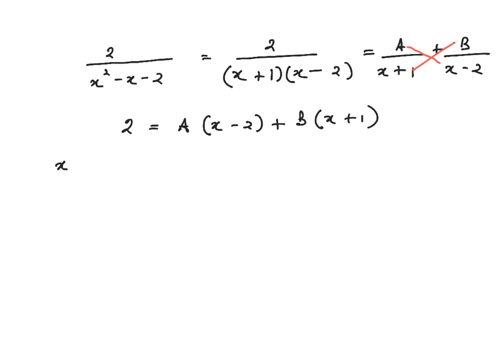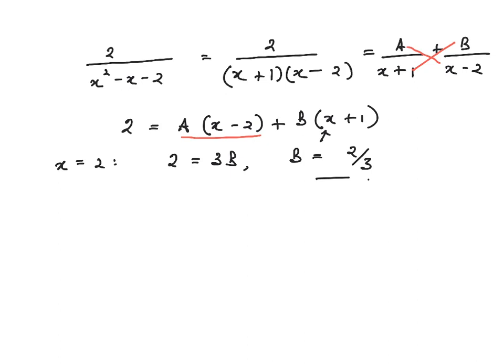Let me choose x equals 2. The left hand side is unaffected because it's a constant, so we have a 2 here. This bracket and this whole term becomes 0 when x is 2. When x is 2, we have 3b. Now, we haven't seen that before, but it is possible to get a fraction.